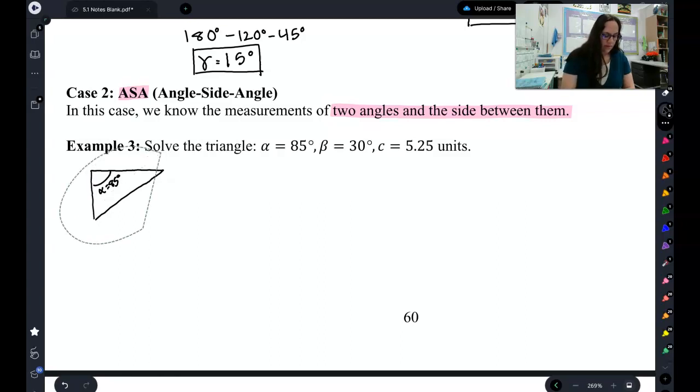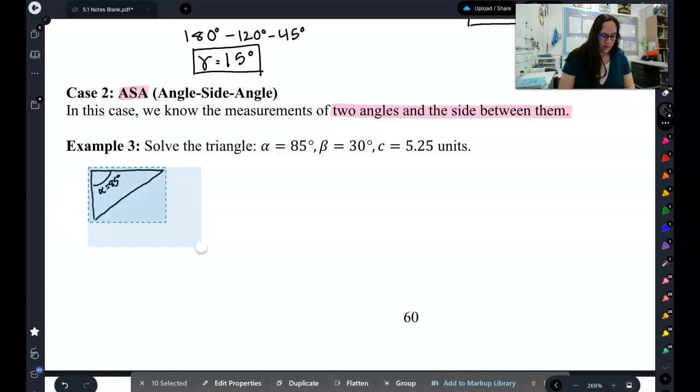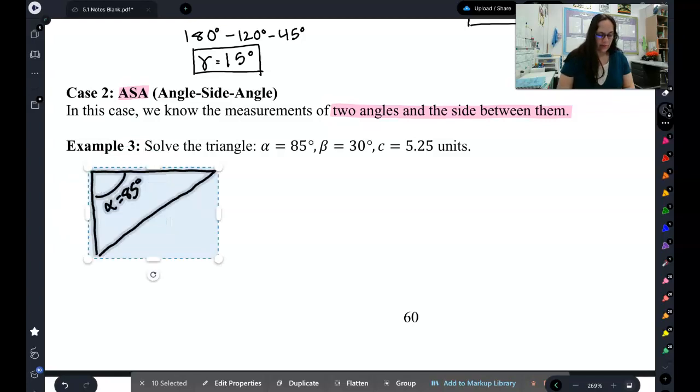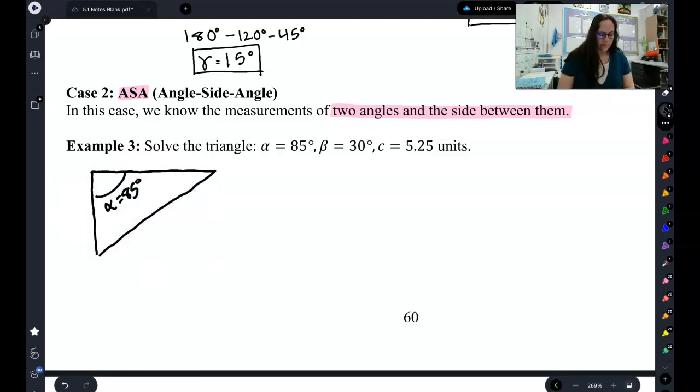And make this bigger so you can see it a little better. So I'm going to make this beta, which is 30 degrees. And our alpha, which is 85 degrees.